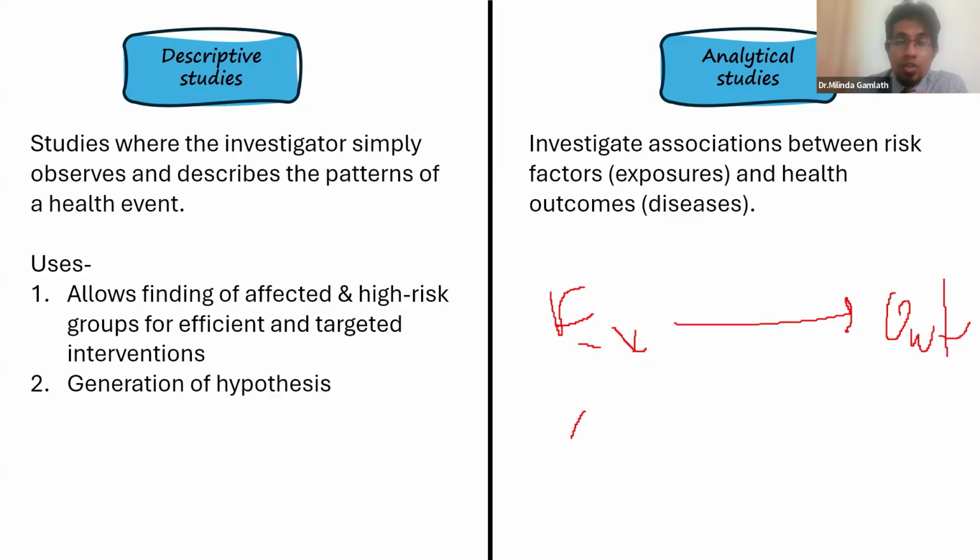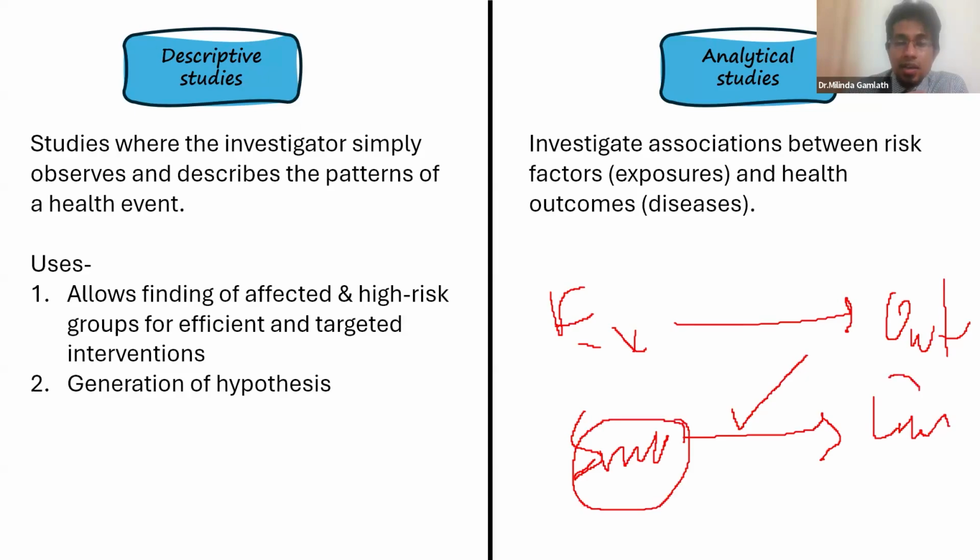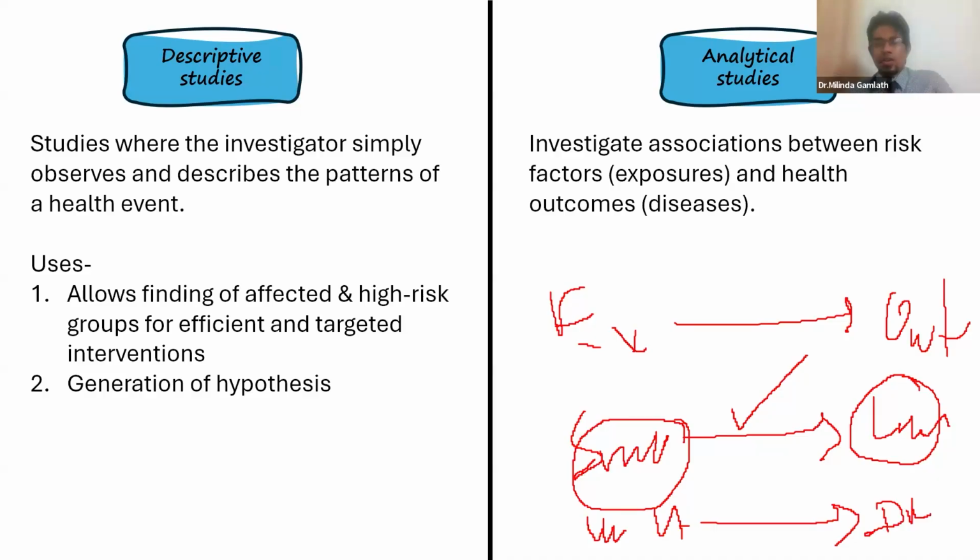For example, smoking can be considered an exposure for lung cancer. What an analytical study does is it tries to see whether there is an actual association between smoking and lung cancer. Another thing, unhealthy diet. A diet rich with excesses of sugar can be a risk factor for diabetes.